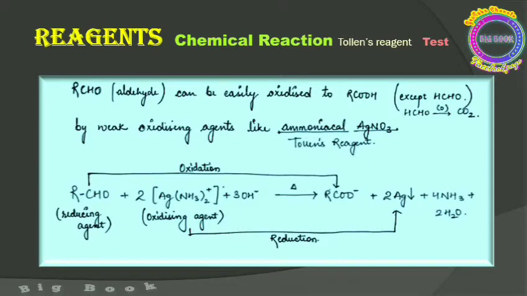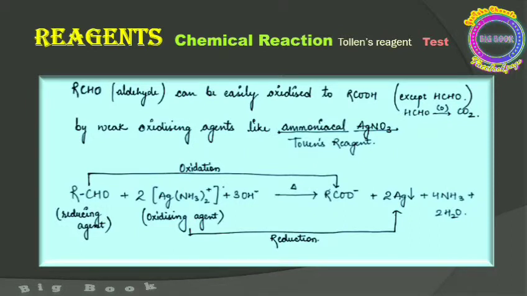Those mirrors have silver coated at the back of them. That silver is going to appear in this reaction when the ammoniacal silver nitrate of Tollen's reagent reacts with the aldehydic functional group of the reducing sugars.